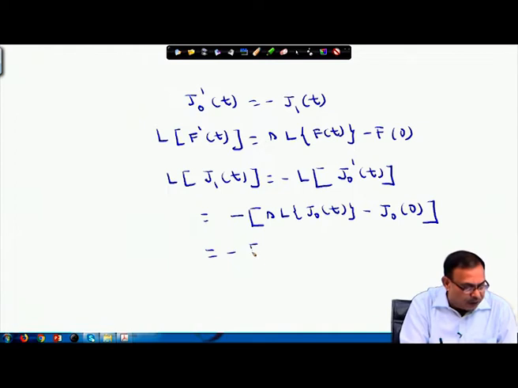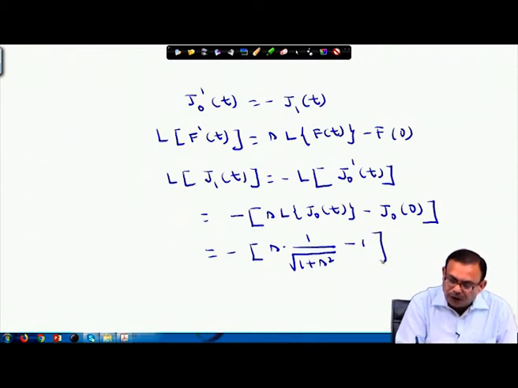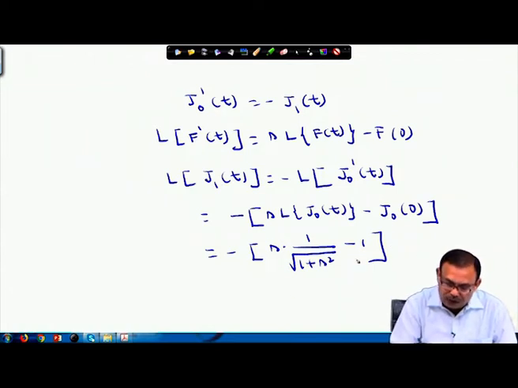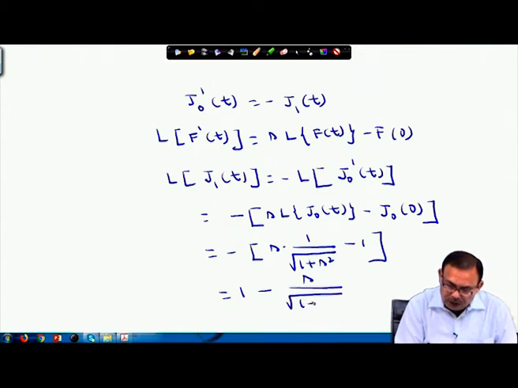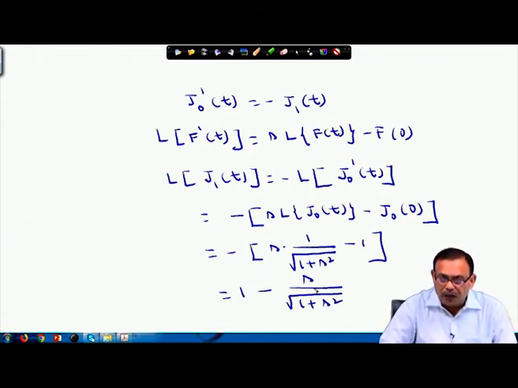So this equals minus s into 1 over root over 1 plus s square, minus 1. J0(0) is 1, already we know. Already we know the Laplace transform of J0(t) is 1 by root over 1 plus s square, and the value then equals 1 minus s by root over 1 plus s square. So, therefore, the Laplace transform of J1(t) is 1 minus s by root over 1 plus s square.